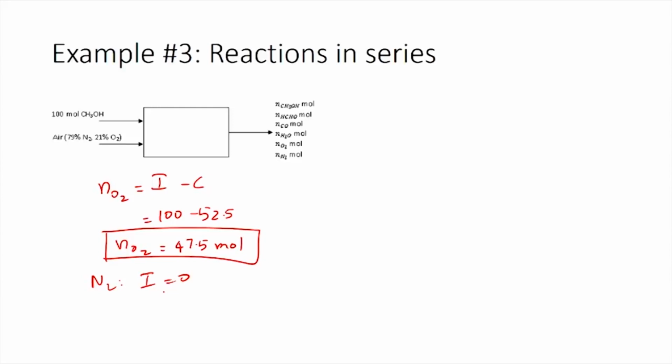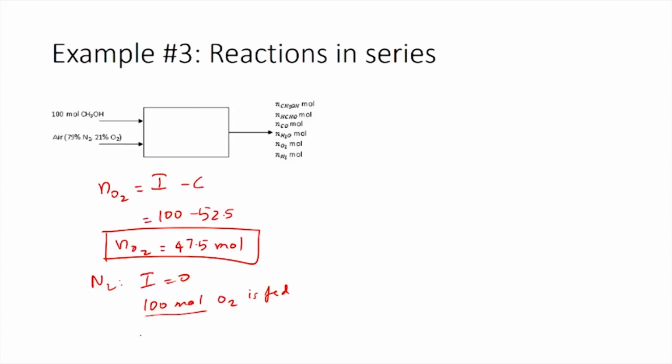So, we know that 100 moles of oxygen is fed. So, this means this 100 moles constitutes 21% of air. So, the rest 79% is nitrogen.